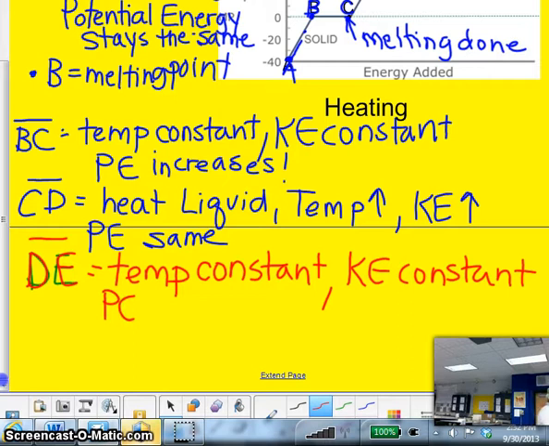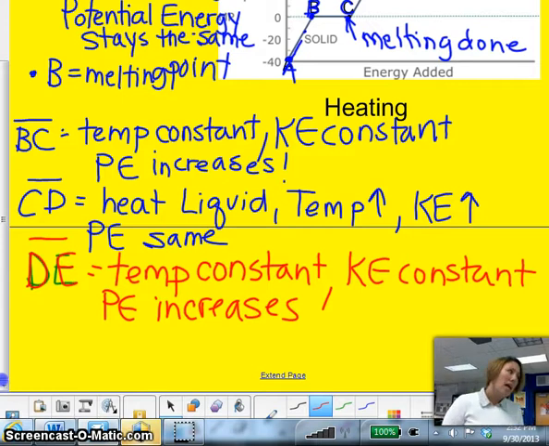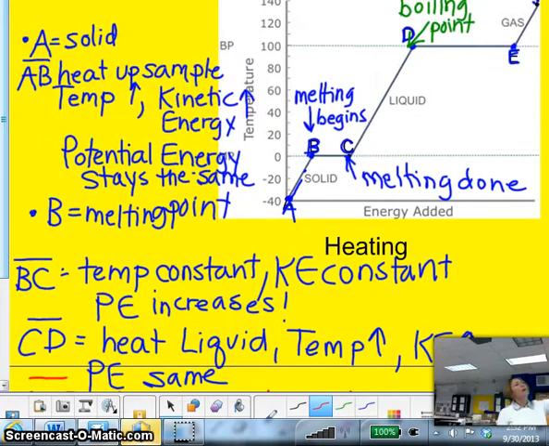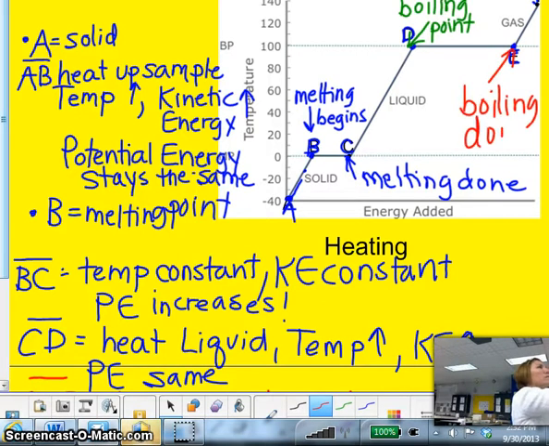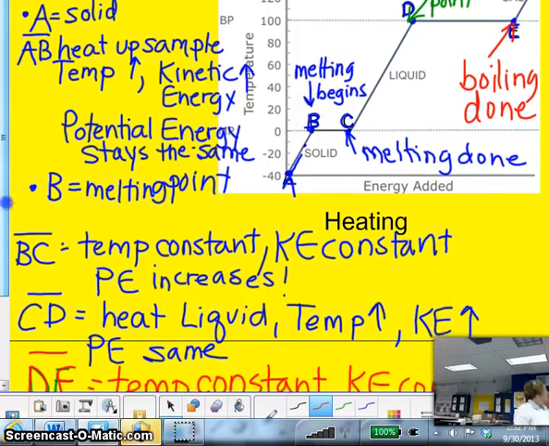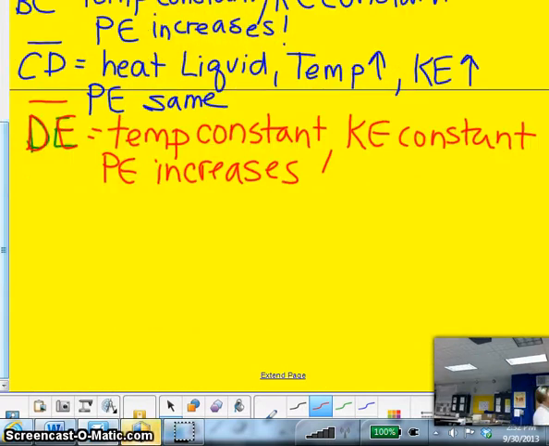So the potential energy increases until every single liquid molecule has been turned into a gas, and that is when the boiling is done over here at point E. At point E we have only gas, and from E to F we just heat the gas.